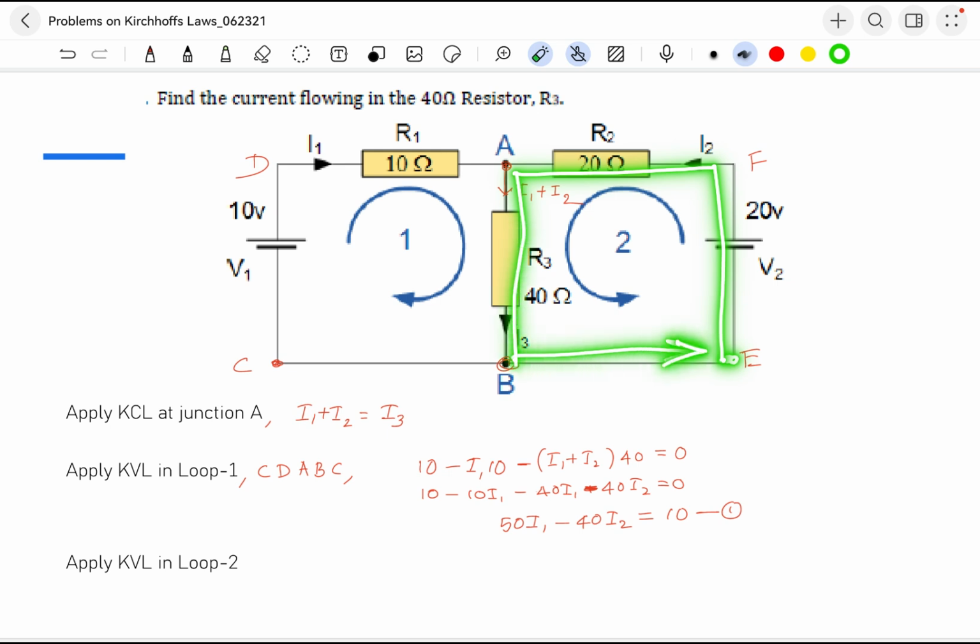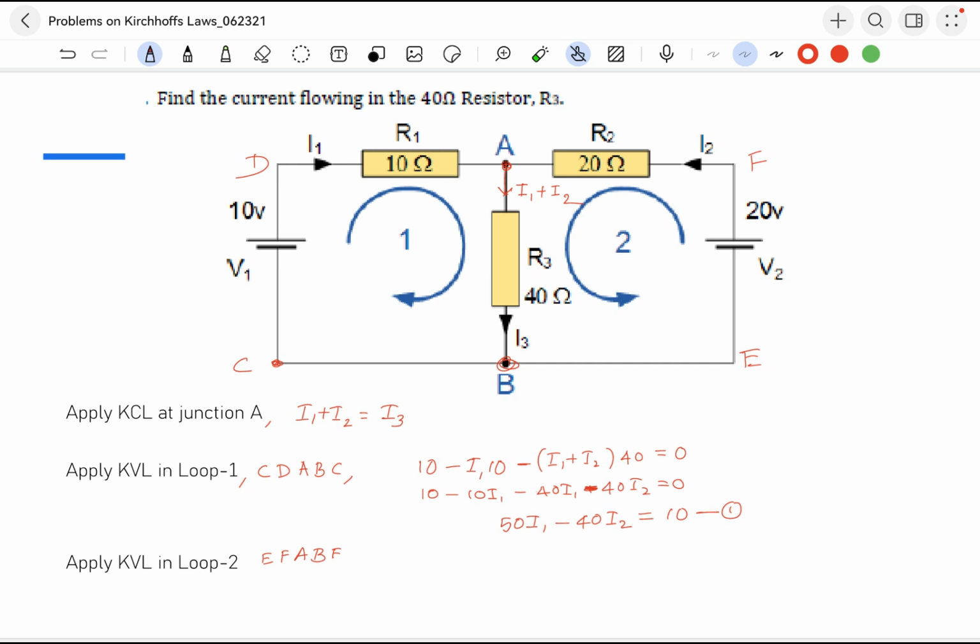I am traveling in this direction. This is my loop direction. To solve the problem I have taken the anti-clockwise direction. So what is my loop? My loop is E F A B E. Okay, come on, let's start.